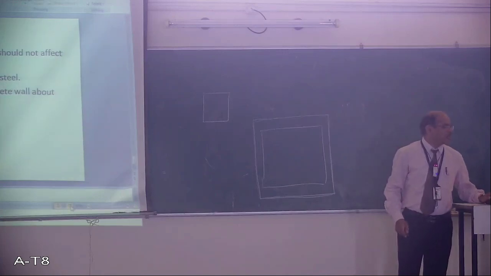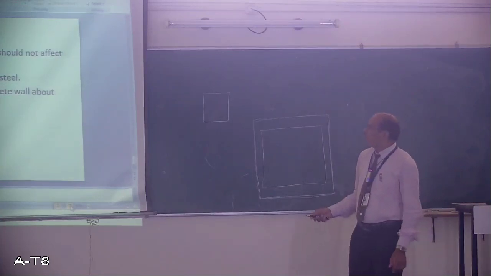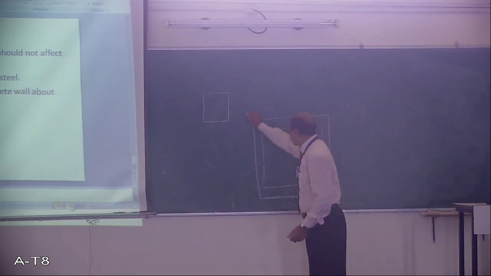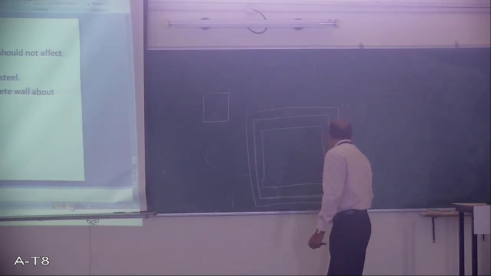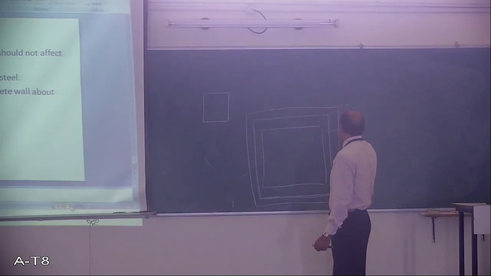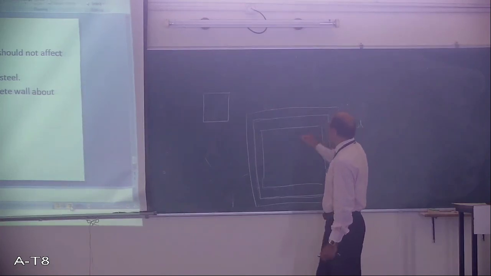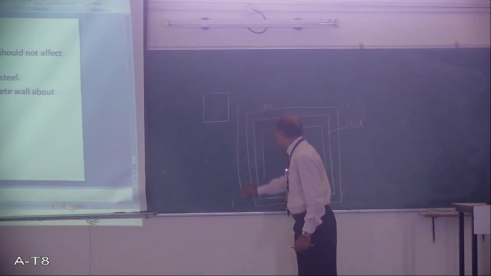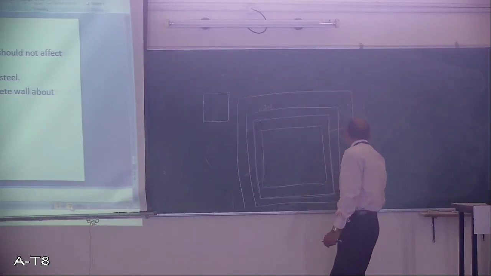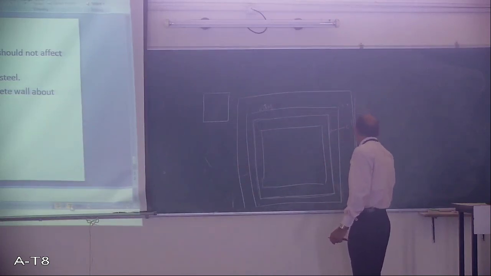And the next one is nuclear shielding. For nuclear shielding, two types of shielding are there outside this cladding. So this is the cladding, this is one wall, a metal wall, and outside it one more wall will come, that is a concrete wall.